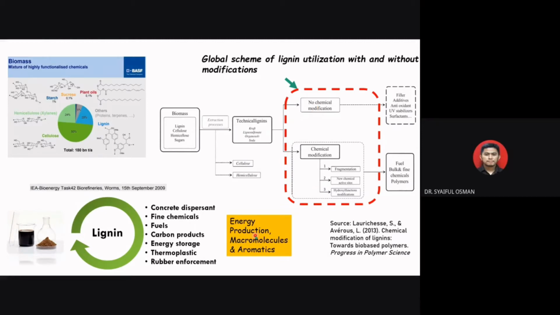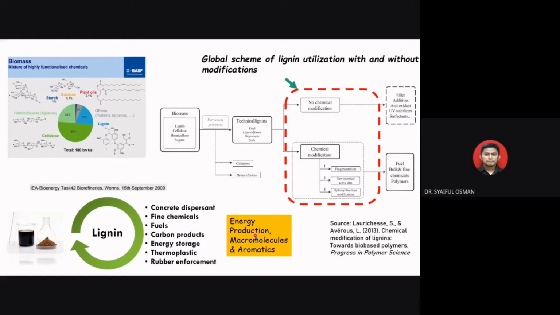Lignin is used as a carbon source for production of energy. And we can also use the macromolecular nature of lignin. We apply it to the area of wood binder or adhesive, like what I will explain later, polymers such as polyurethane foam, and also carbon fiber.